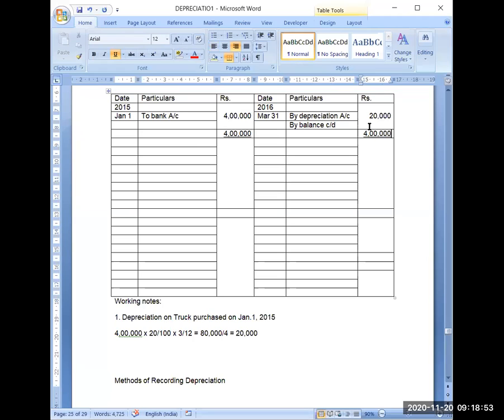And the balance will be 3,80,000. And this year will be 2015 because January 1, 2015 is given. So it means the financial year will be 14-15.